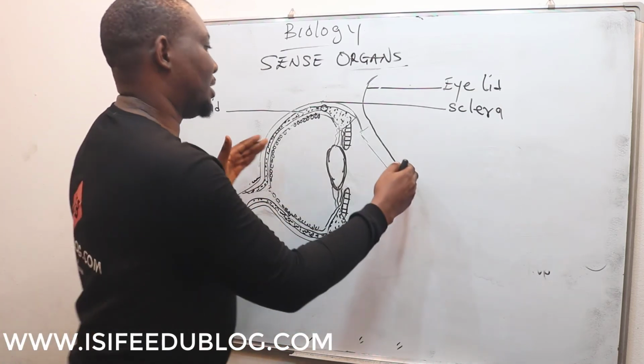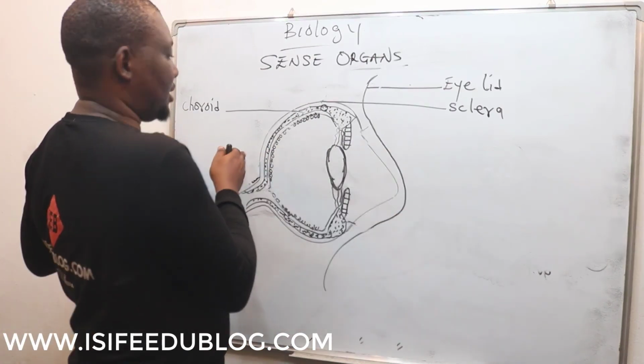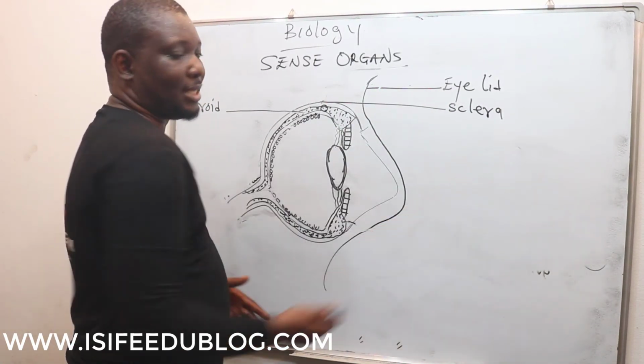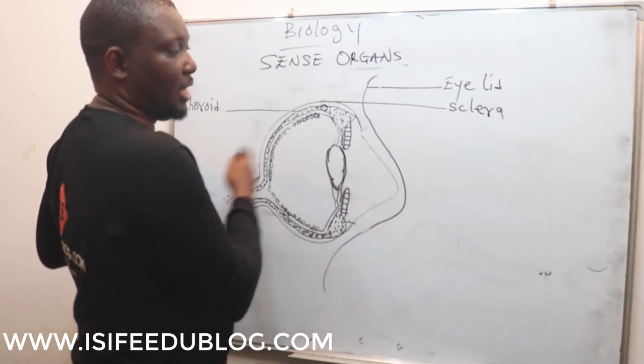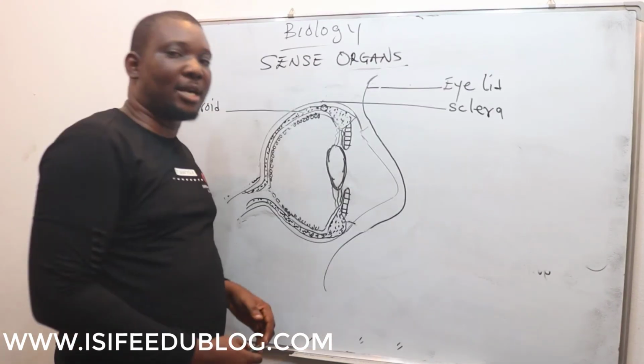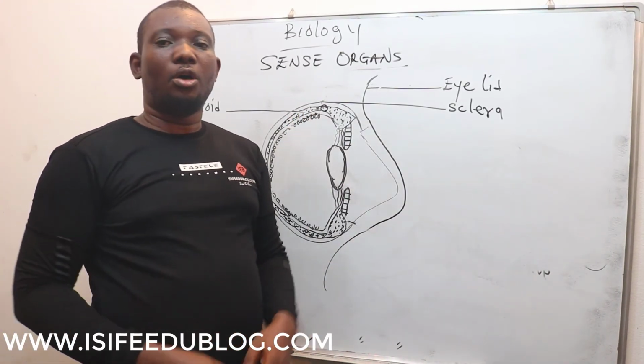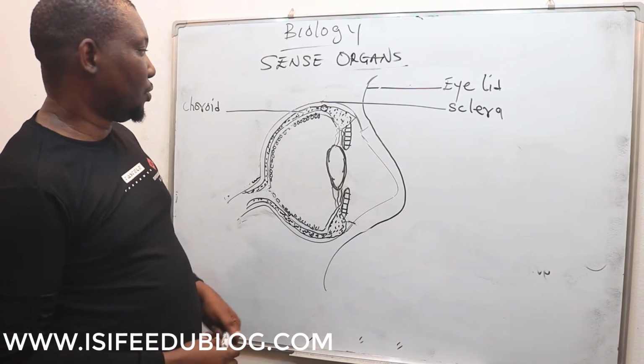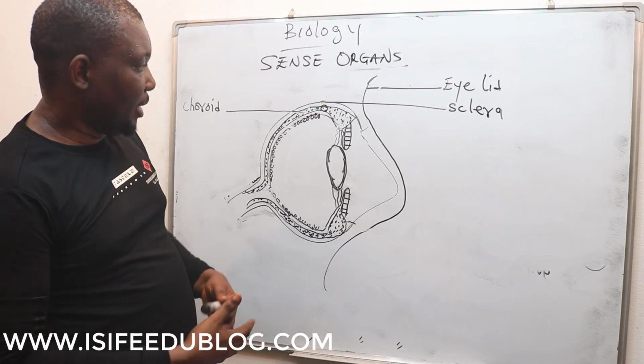Or you can even extend this eye to the extreme, so you can have more space at the right hand side. Let the diagram be on the left, let your label part be on the right. That is basically the rule of biological drawing and labeling.